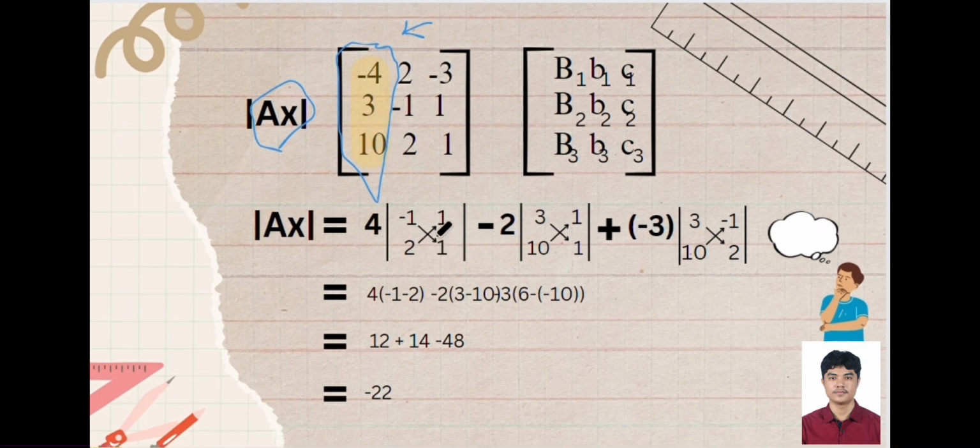And then we use the same method as we did to find the determinant of A, which is to choose the first row, eliminate the numbers in its position, and fill the boxes with the remaining numbers. Then we get the determinant of AX equal to negative 22.